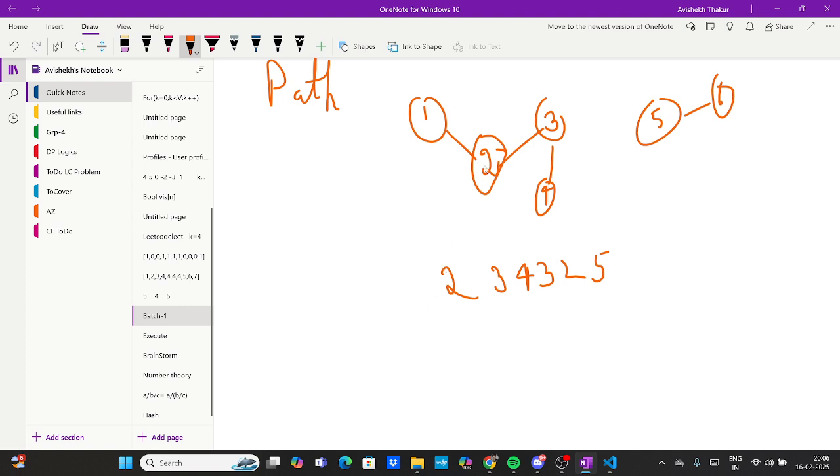Let's say you started from 2. From 2 you can go to 3. Nice. From 3 you can come back to 4. From 4 you can again go to 3. From 3 again you go to 2. But from 2 can you go to 5? No, we cannot. So this is not a valid path. So path is nothing but a sequence of moves to reach from one node to another. That's all. Is path clear?